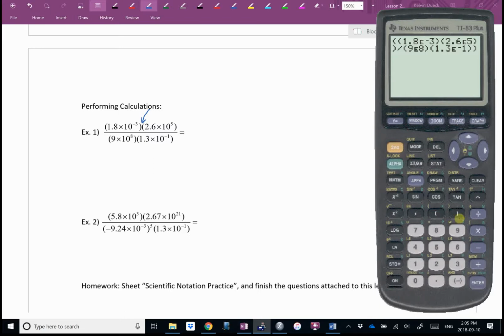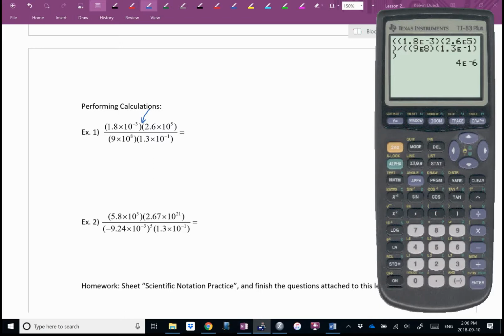What do two brackets side by side mean mathematically? Add, subtract, multiply, or divide. It's way easier to hit a times sign there. So I don't even know if I typed that in right. I figured I hadn't. I'm missing a bracket or something like that. Oh, I got to open a bracket here. That might be the right answer. I'm not even sure. Get your calculator out and go key by key with me.